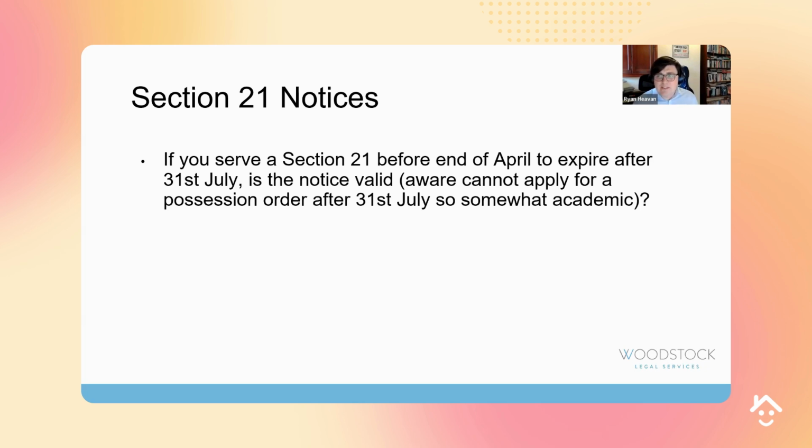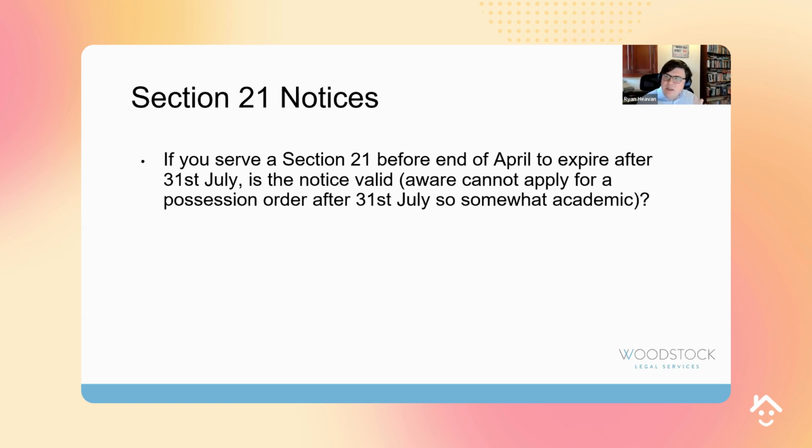One caveat to all this, anticipating questions. If your fixed term expires after the 31st of July, there's no way you can serve a valid Section 21 notice, because your notice would either expire after the 31st of July, which is what this question touches on, in which case you can never issue proceedings on a notice, or it expires before the 31st of July to try and get in before this deadline cuts off, but that notice would also be invalid because it would expire before the fixed term.